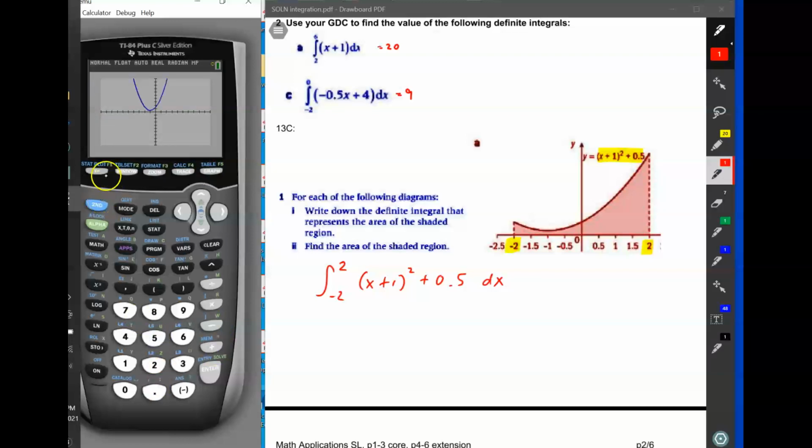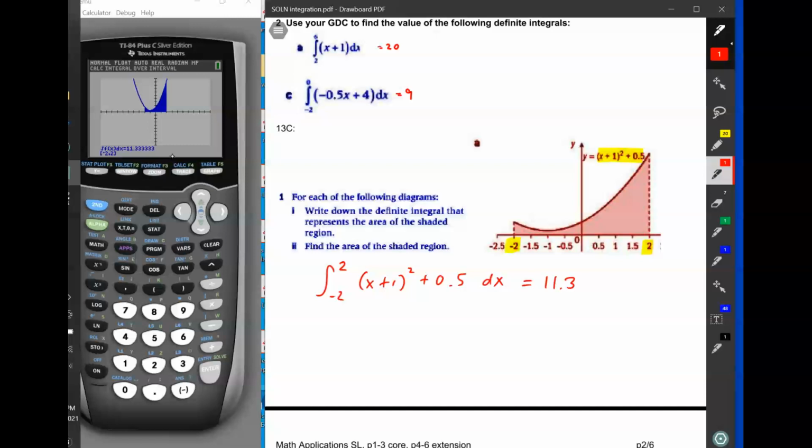So I go second calc 7, and the lower limit is going to be -2, enter, and the upper limit is going to be +2, enter, and the answer is 11.3. 11.3333, but you can round it to 11.3.